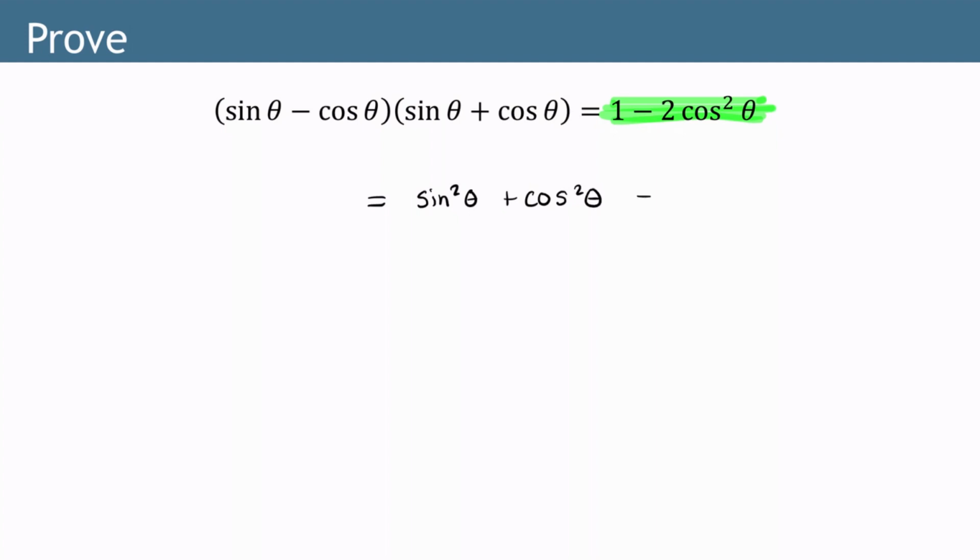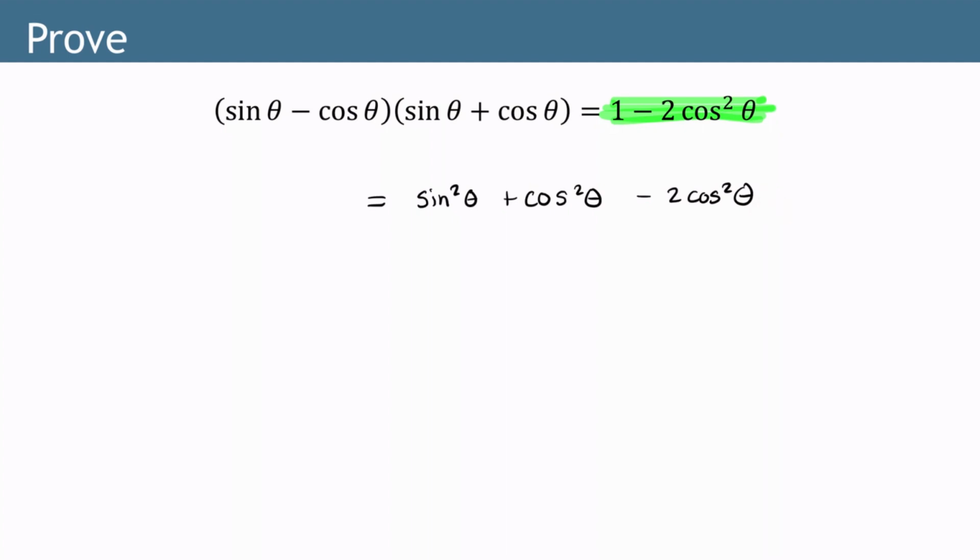And of course, I still have this minus 2 cosine squared theta. Okay. Well, that's cosine squared, and that's minus 2 of them. So that's like 1 cosine squared minus 2 cosine squareds.